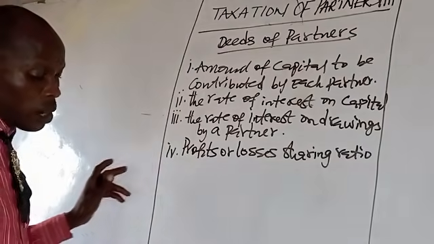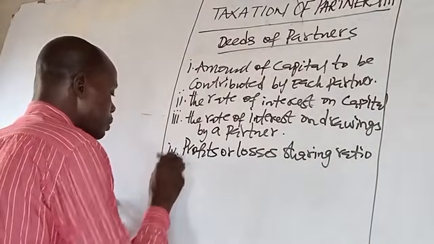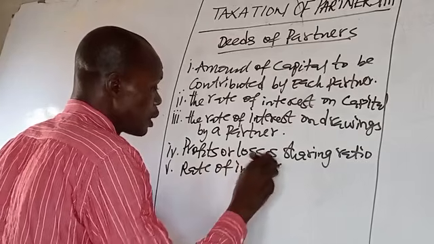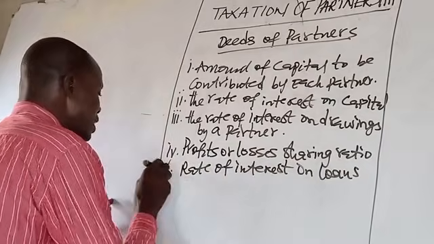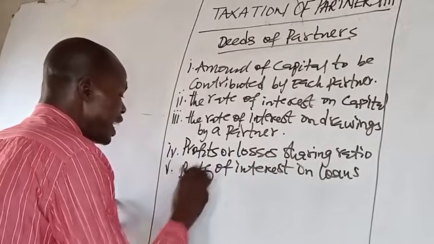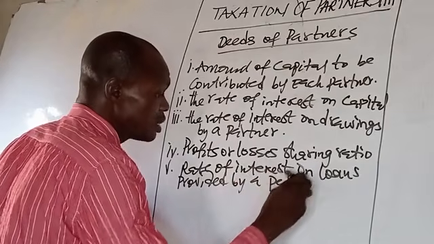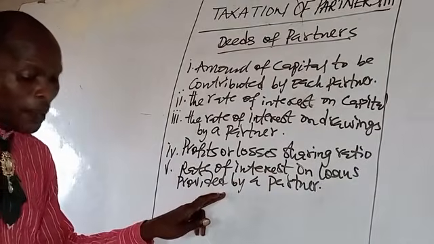Number 5, rate of interest on loans provided by a partner.